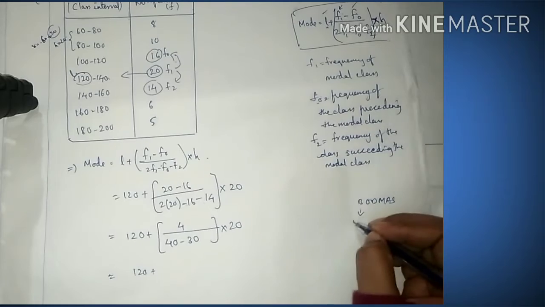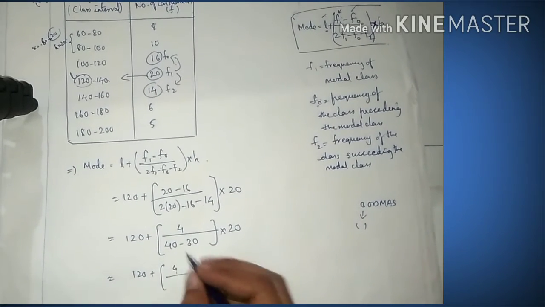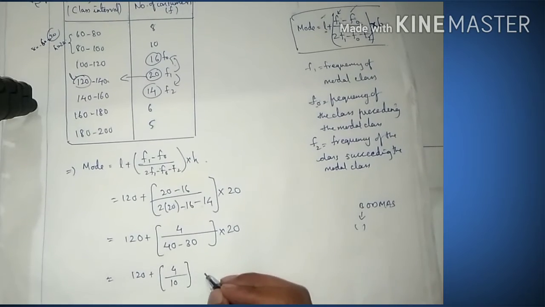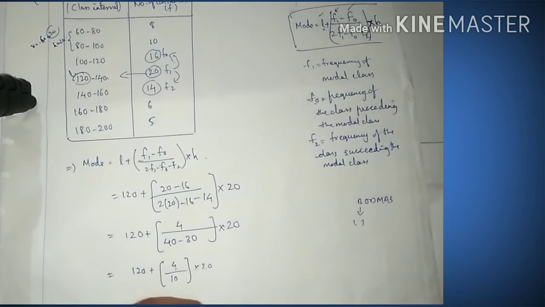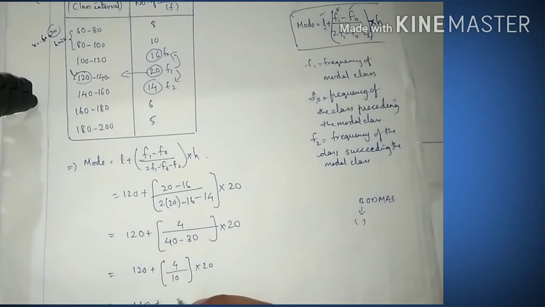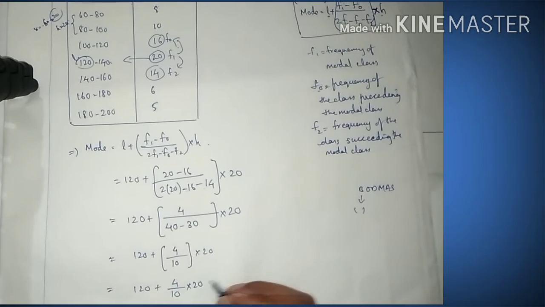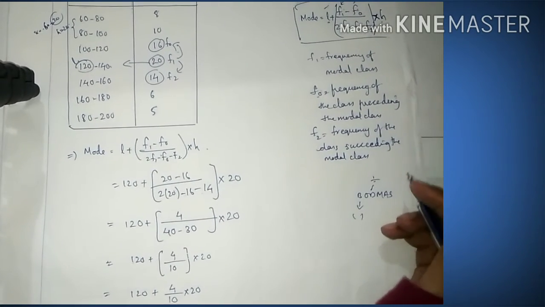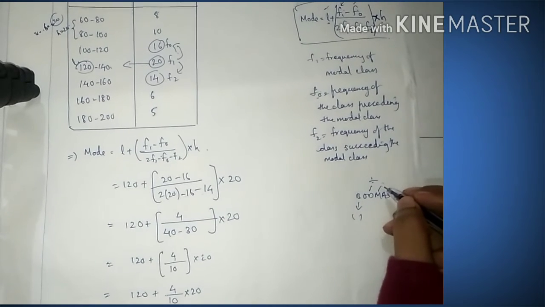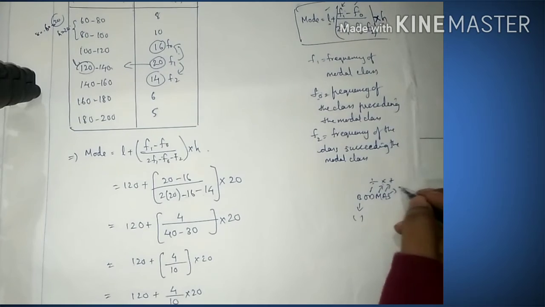Now you can see here BODMAS. This is the rule for basic mathematical operations that we have to use. First we will subtract: 40 minus 30 will get 10. Now what do we have to do, addition or multiplication? According to the BODMAS rule, first we see the brackets, then divide, then multiply, then add, then subtract.